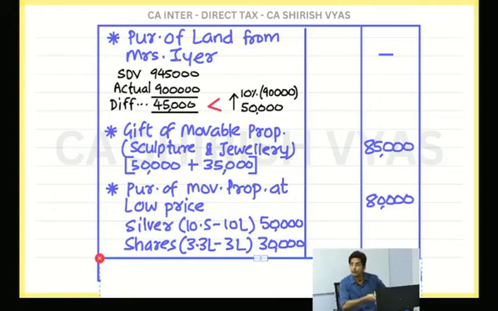Yesterday the paper was of DT, and yesterday's paper was a little complicated and lengthy. Students were not able to finish the paper. So what is the solution? While you are solving the sums in class, whether it is my lecture or accountancy or costing, in the class only you should practice speeding up.